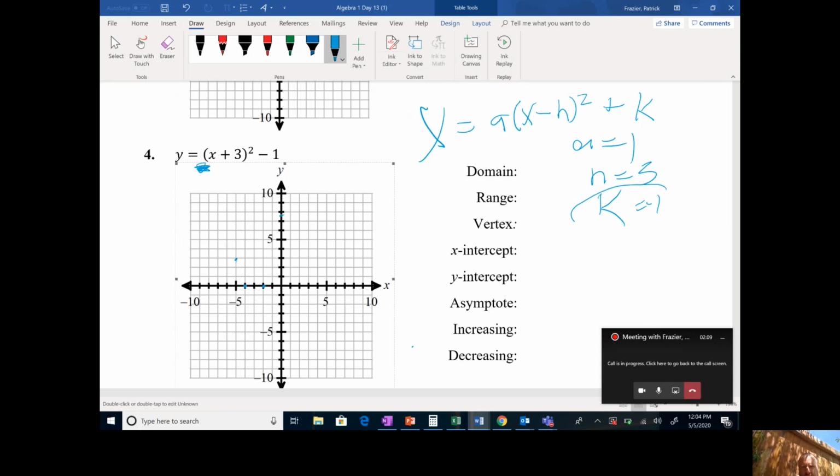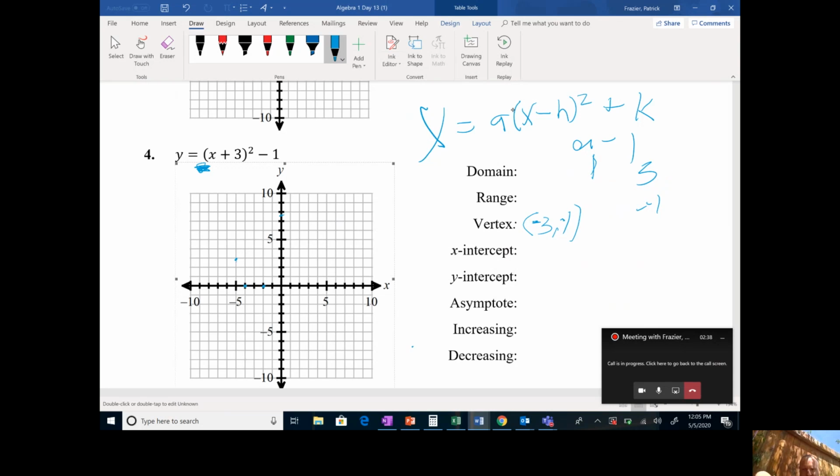So what that means with respect to k and h, that's going to be our vertex. It's called the vertex formula after all. So that's going to be the ordered pair -3, because we do the opposite of whatever h is, and exactly what k is, and -1.